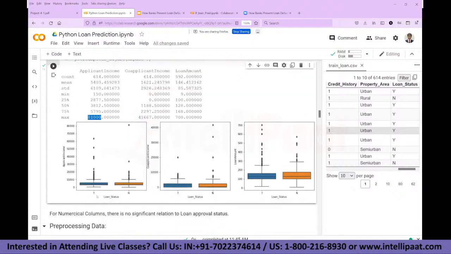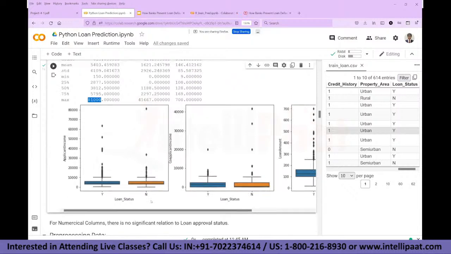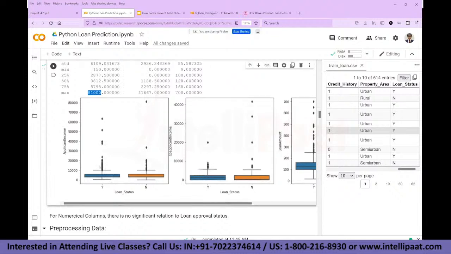So if we look into the box and whisker plot, box and whisker plots are nothing but they give you the idea about where your data lies. A box and whisker plot has 5 variables to look at. The lower extreme is your minimum, the upper extreme is your maximum, and the lines of the box are your 25th and 75th percentile.